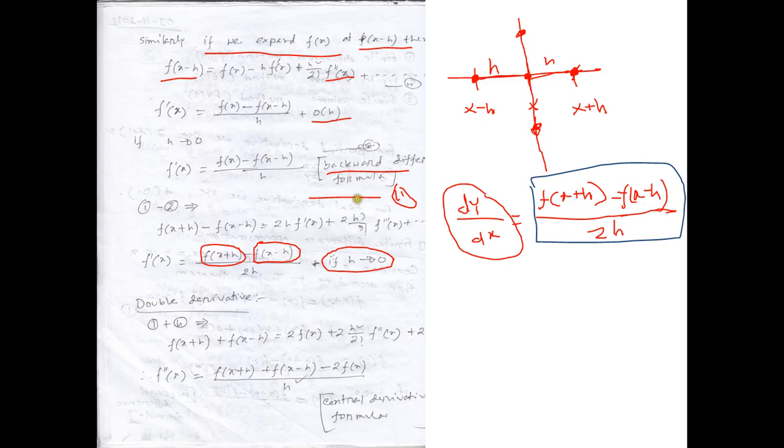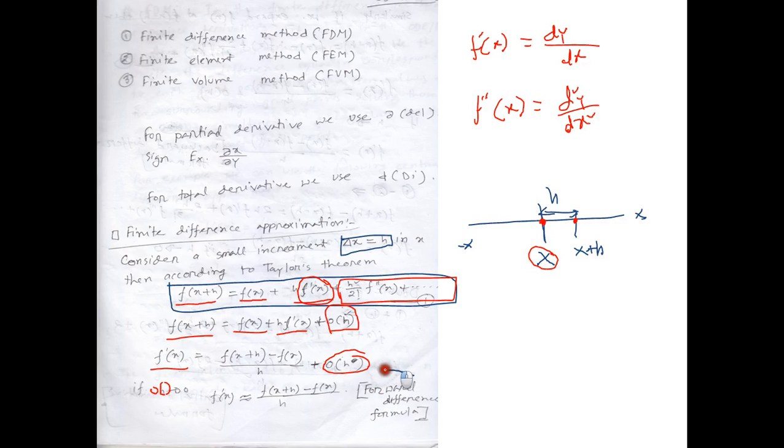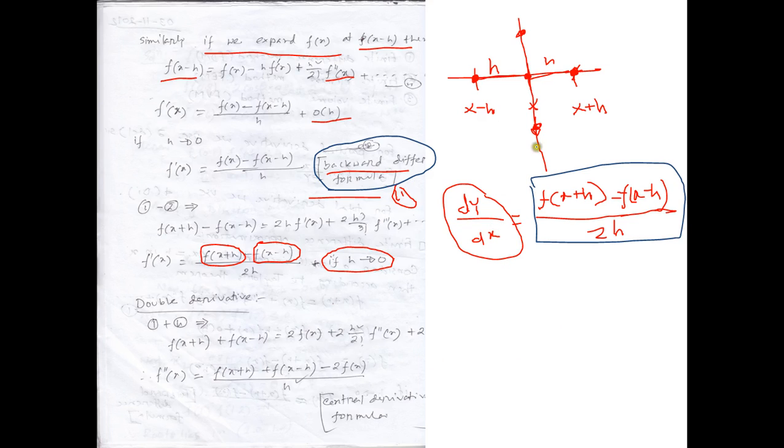We have a backward difference formula if we write dy by dx equal to f(x) minus f(x minus a) divided by a, and the forward difference formula f(x plus a) minus f(x) divided by a. So we have three formulas for this. Generally we use the central difference formula, because it approximates more accurate and better results on the basis of the two neighboring points.